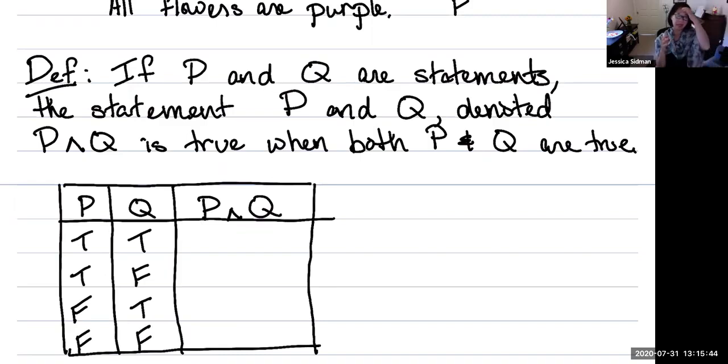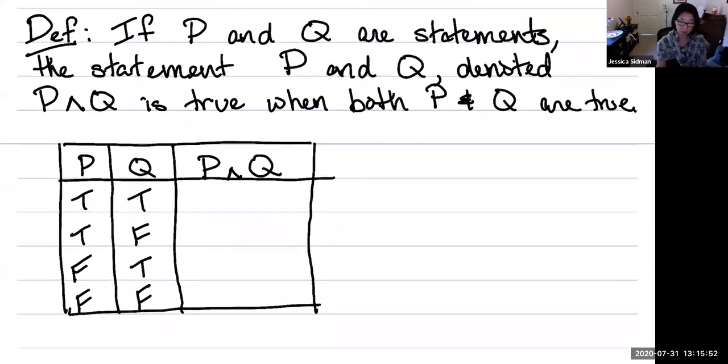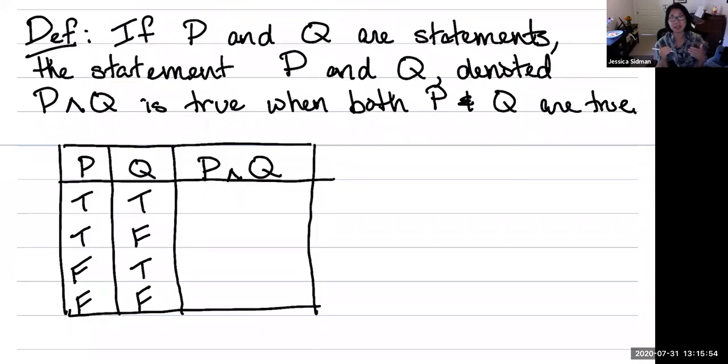Okay, and so of those four different possibilities for the combinations of P and Q together, what we see is that the definition of P and Q being true only happens when both P and Q are true. And so in all other situations, P and Q is false.